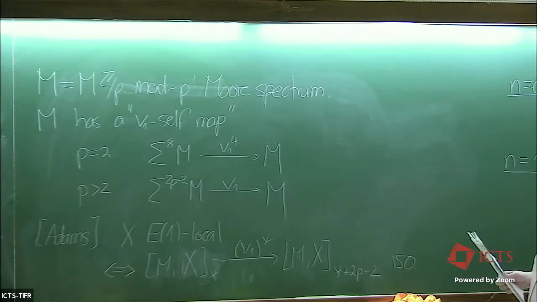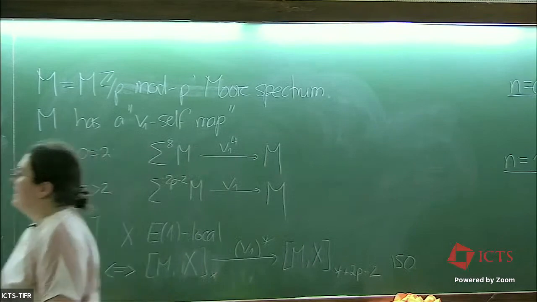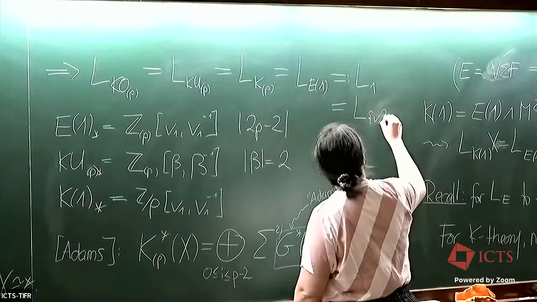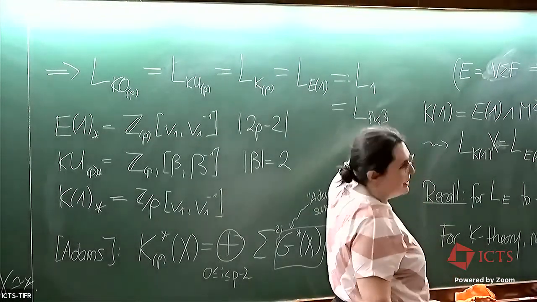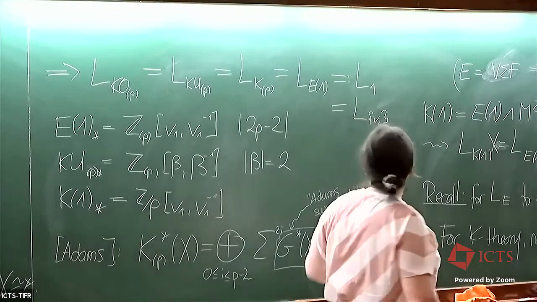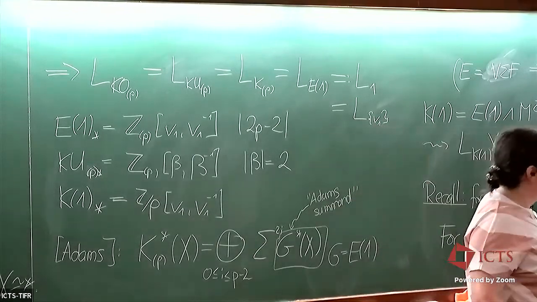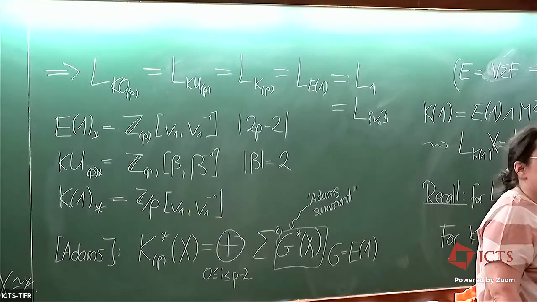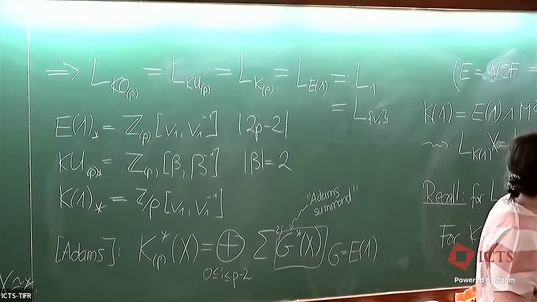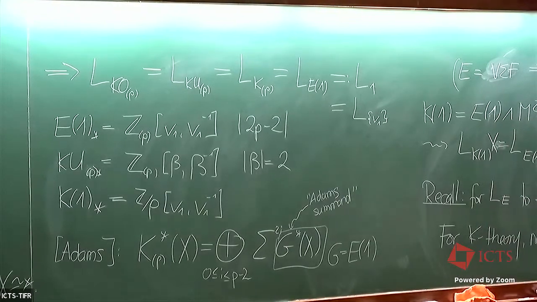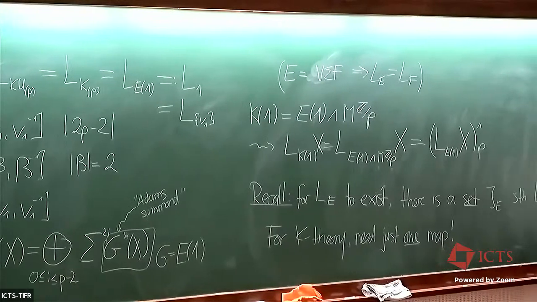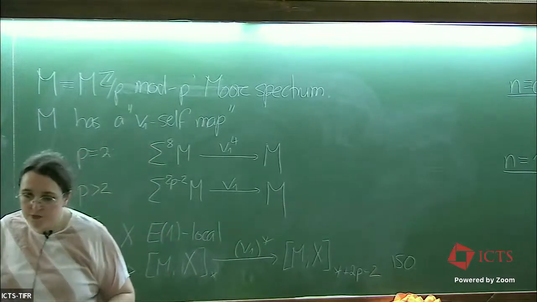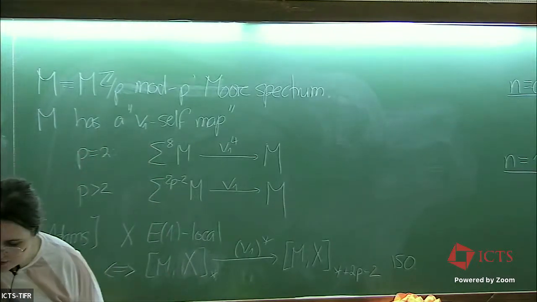Therefore, we could even write another thing if we really wanted to. We could just say it is the localization at just that one map. So if I go into the stable homotopy category and just invert v1, I get the K-local stable homotopy category. So you can imagine, for all kinds of purposes of what people want to do with it, this is a massive structural advantage and a big computational advantage as well.